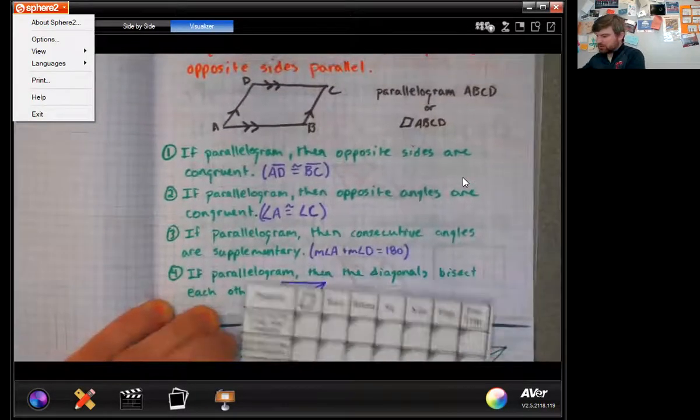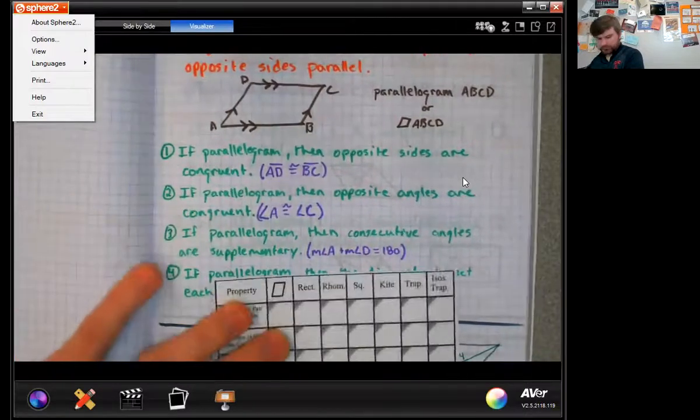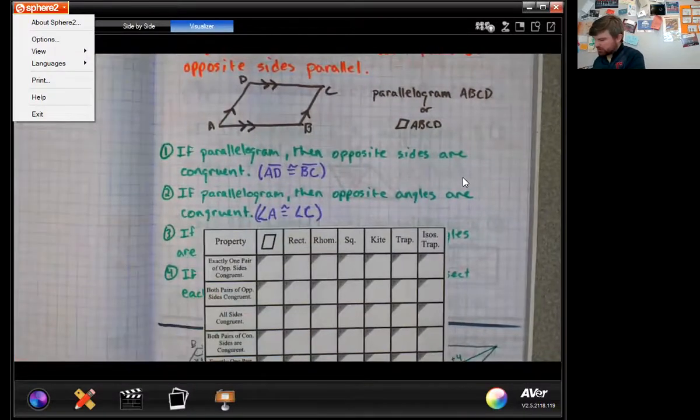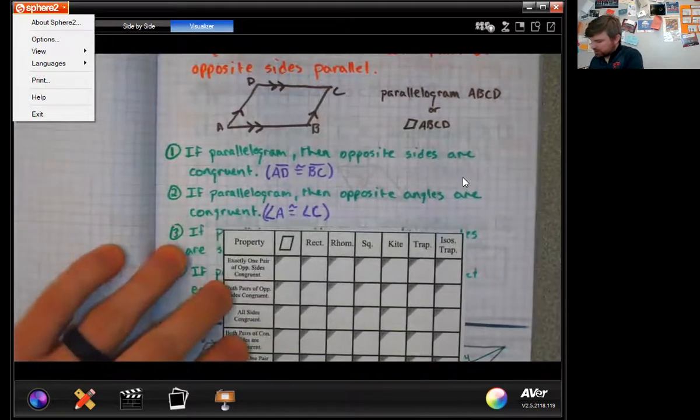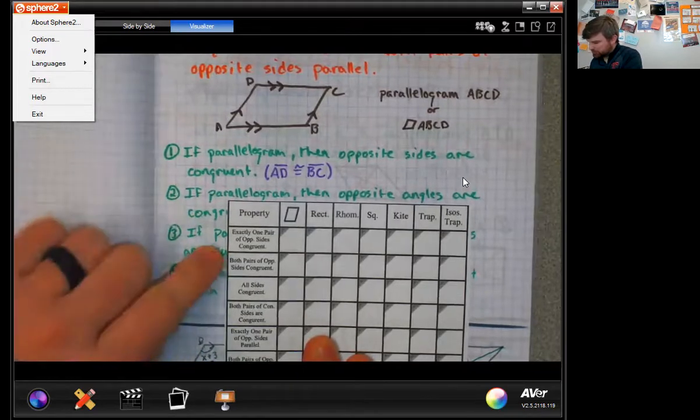For example, parallelogram, the opposite sides are congruent. So we can get a marker or a pencil here, and go down to the one that says opposite sides are congruent.